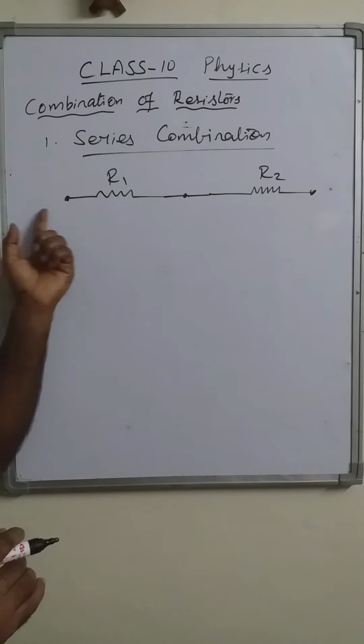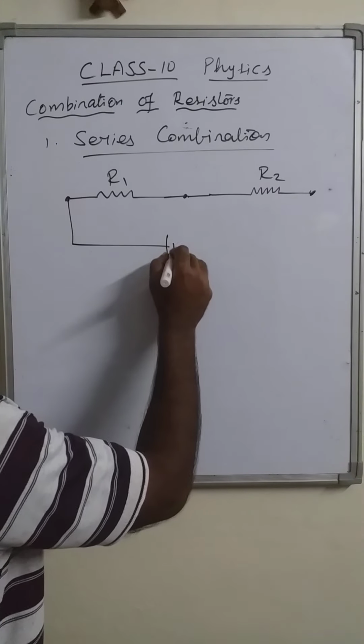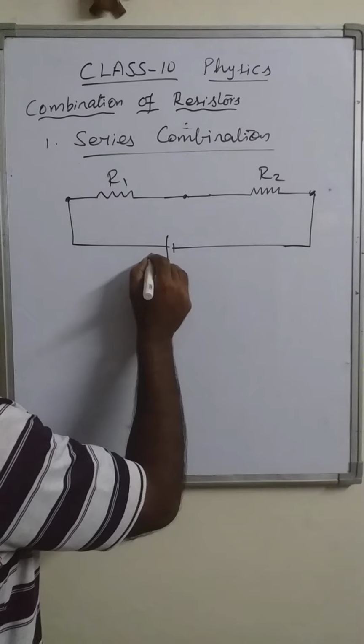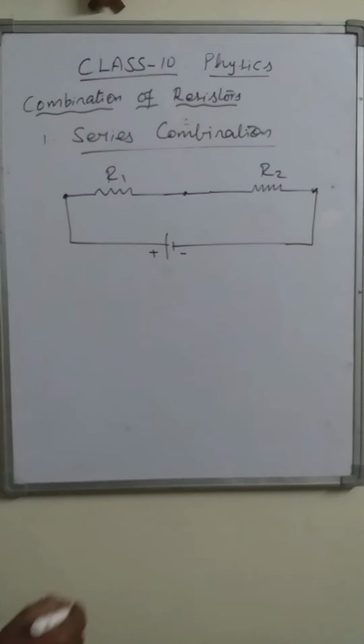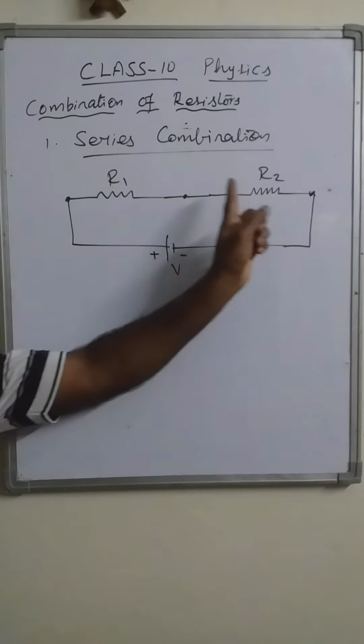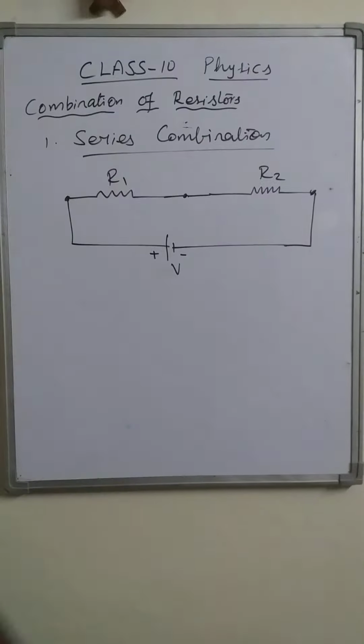Let us take that the two ends are joined with the terminals of a battery or cell, right? So here is the positive terminal and the negative terminal. It has the potential difference V. Now we say the two resistors are joined together in series combination.